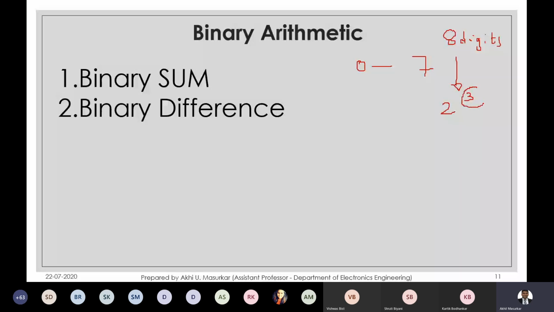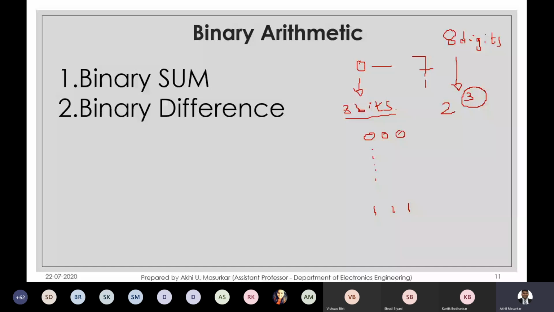So that is why each digit can be represented using 3 bits. Have I answered your question, Raj? You can unmute. Yes, sir. Or is there a doubt? No, sir. So 3 bits means you have to go from 000 right up to 111. That is the maximum that you can get. Okay? Yes, sir. Okay. Good.